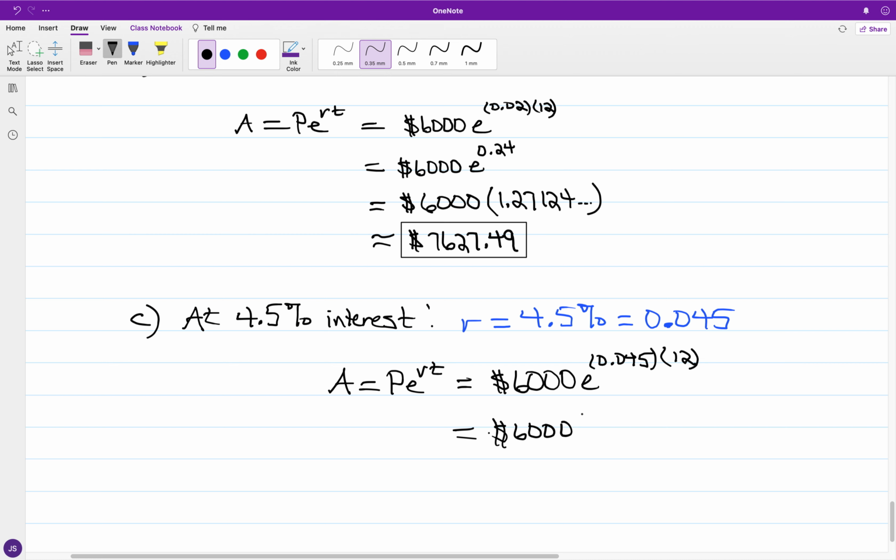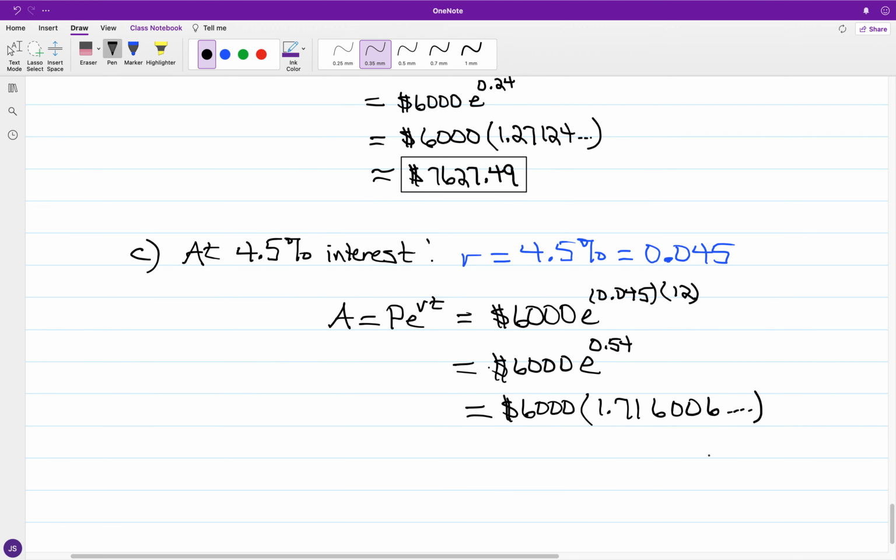The product of R and T is 0.54. For e to the 0.54, we have a number that's just over 1.7. Keeping your decimal result and multiplying by $6,000, it follows that the balance after 12 years, the $6,000 is going to grow to around $10,296.04.